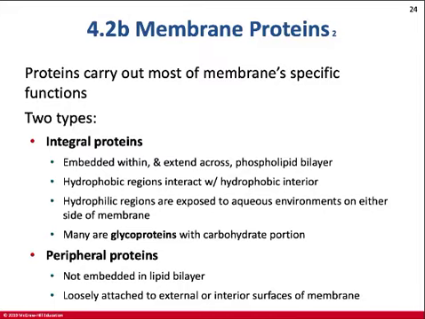Whereas the core of the integral protein, if it's, say, a tunnel or a pump or a gate, is going to be coated with either charged or polar amino acid residues. And again, that reflects the low energy arrangement of that particular protein with regard to A, its shape, and B, its association with its surroundings.